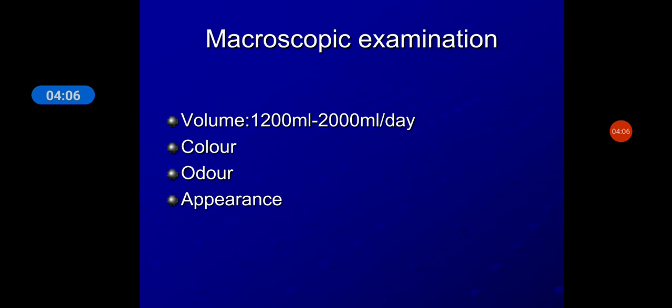Let's see. So what is physical examination? Physical examination requires you to check basically 6 parameters. One is the volume, then you have the color, odor, appearance, and there's one more thing I'll tell you later.